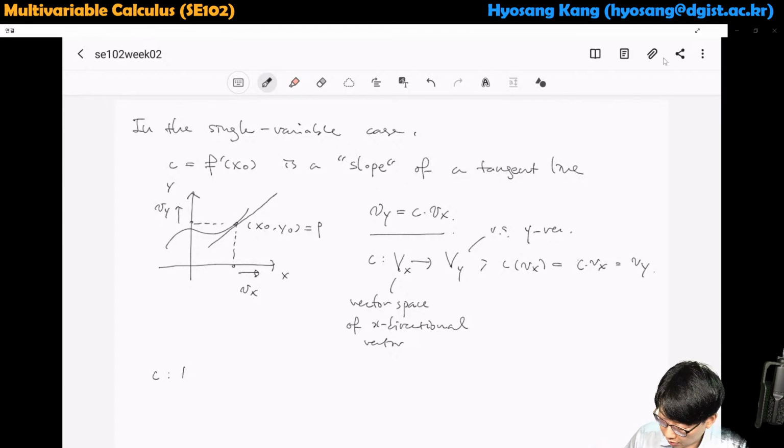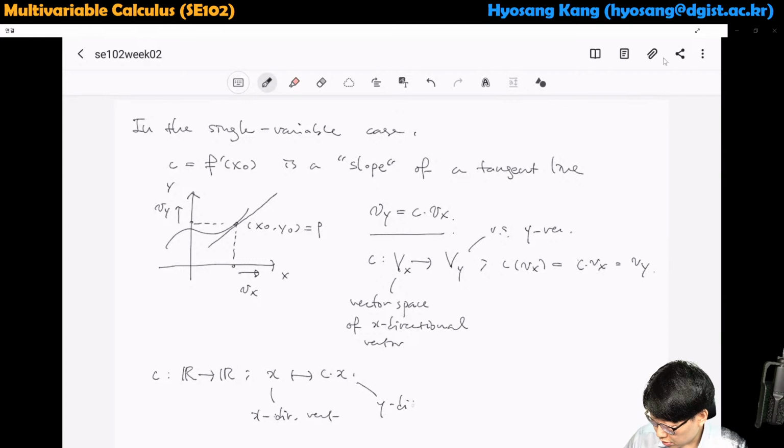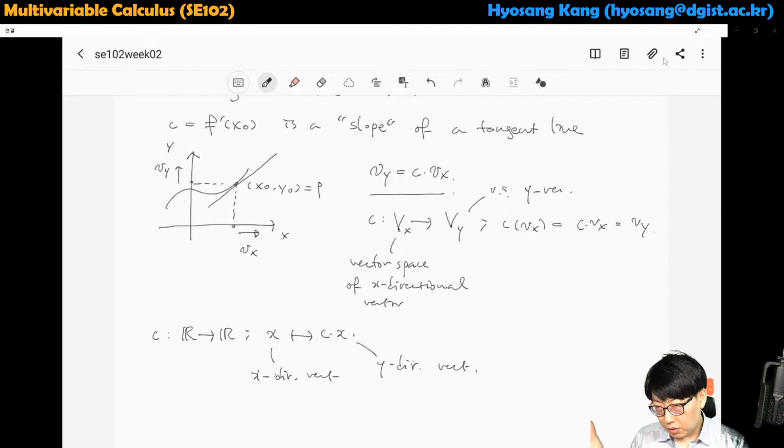So I can rewrite this c as a map from R to R: if I take x, it maps to c times x. So this is the x directional vector, and this is the y directional vector. Okay. So in the single variable case, the differential can be considered as a linear transformation.